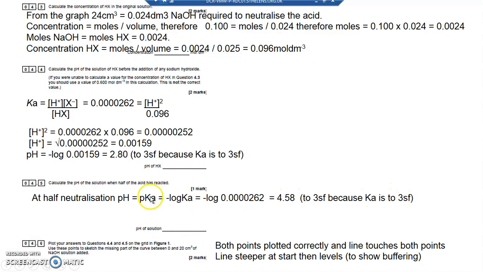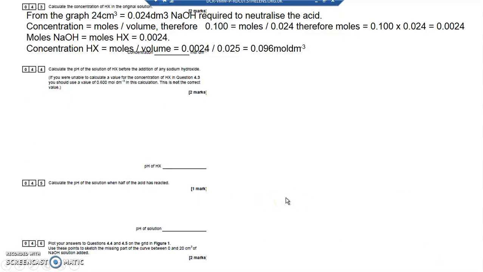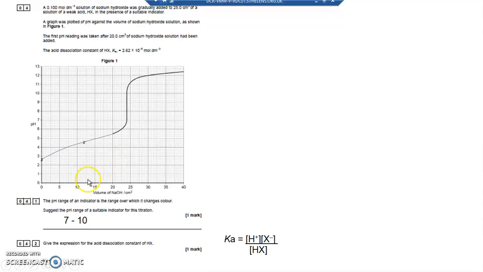So that's my pH, and that's just something to remember. pH equals pKa, or pH equals minus log to the base 10 of Ka, at the half equivalence point when you've added half and half. Put both points on the graph. 4.58 is my pH at half equivalence point. So when half of the sodium hydroxide needed is added, 24 cm³ to react, half is 12, and it was 4.58, so I've put that point on there.